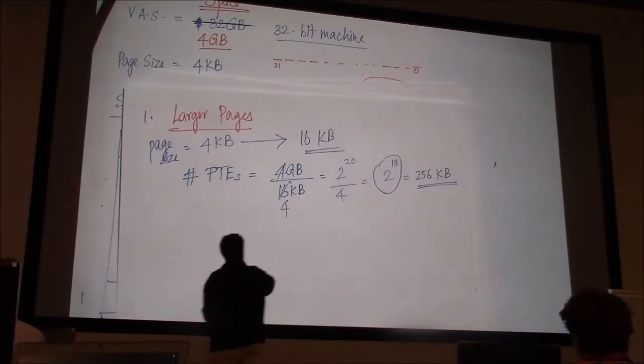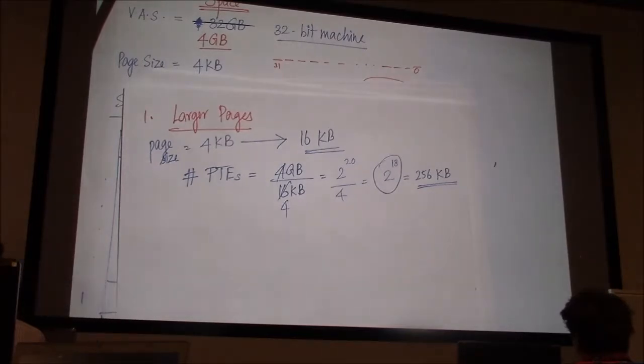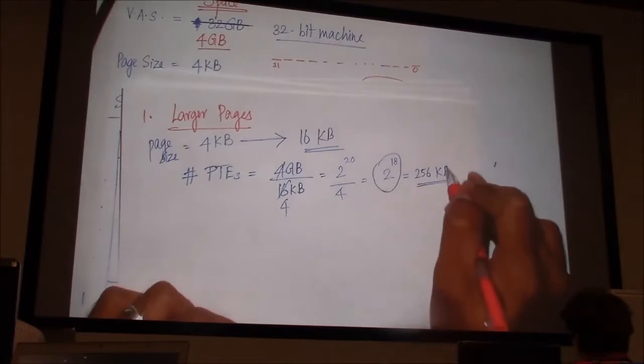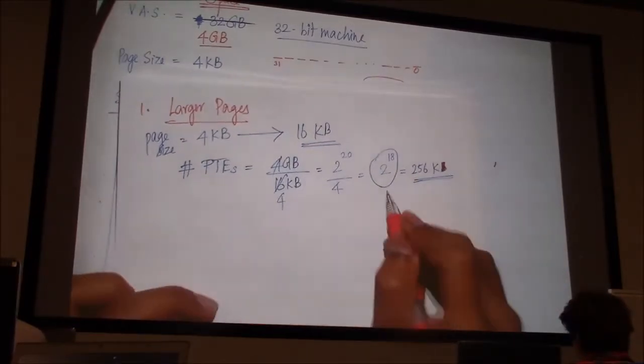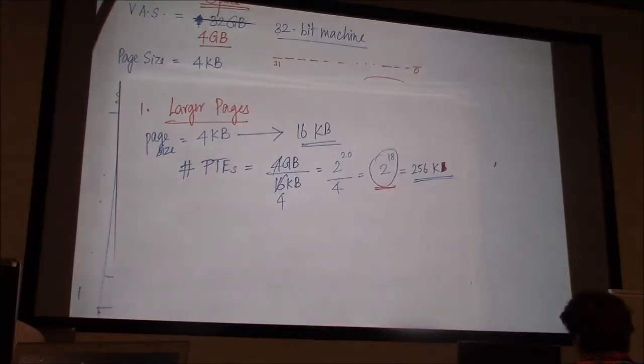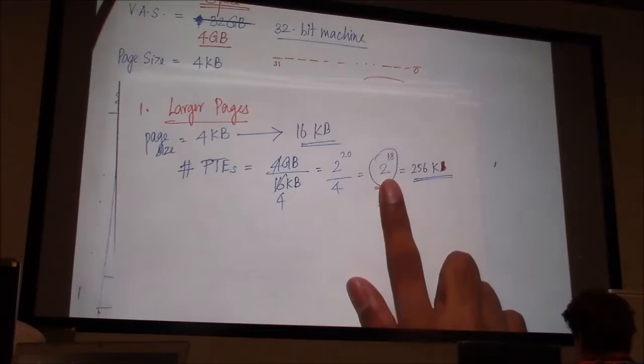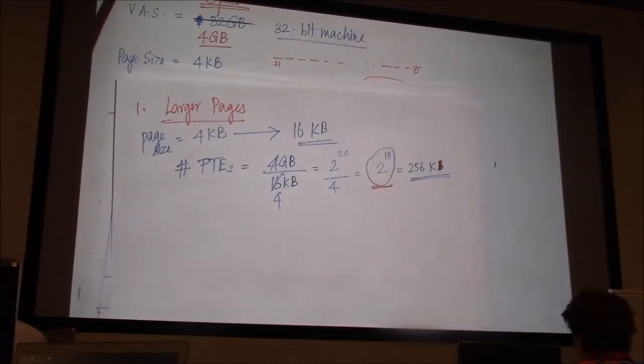We need not worry about this KB because we are talking about the number of entries. We just reduced it from 2 to the power of 20, which was 1M, to 256K, which is 2 to the power of 18. But are there any problems with this?